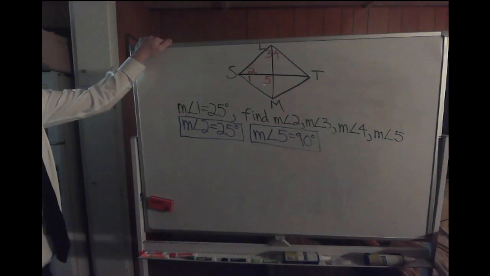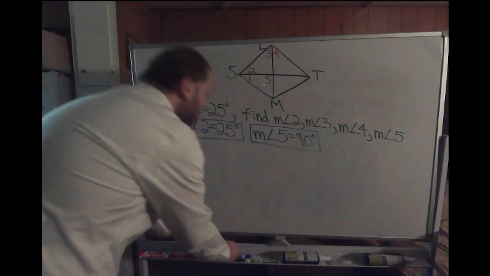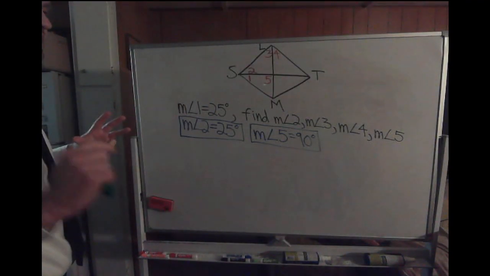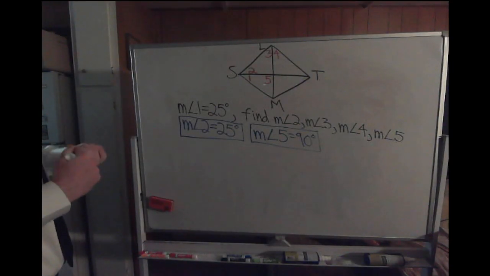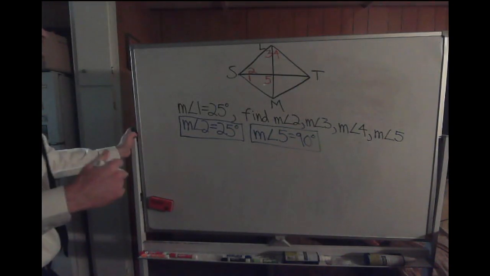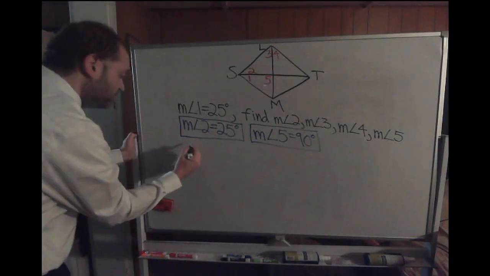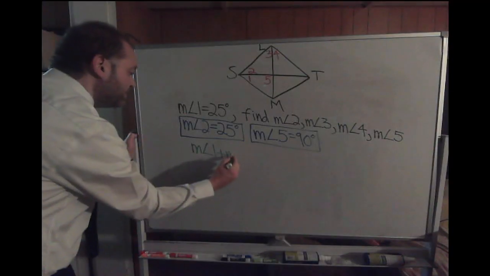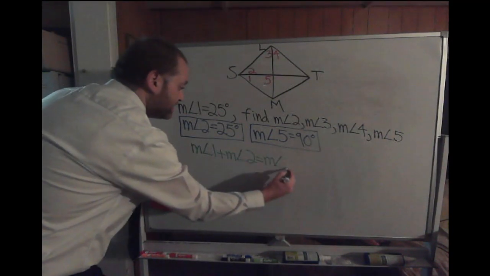Well, here's something we have to consider. Let's take apart the diagonals for just a minute here, okay? For just a minute. Now, if we don't have the diagonals, we know it's true that the measure of angle 1 plus the measure of angle 2 equals the measure of angle S, right?